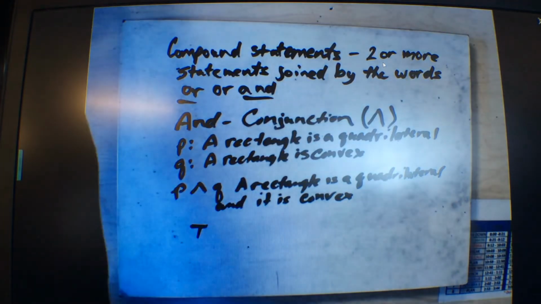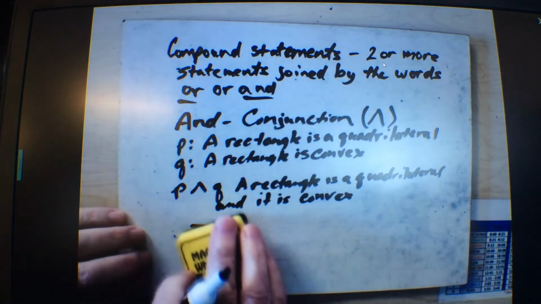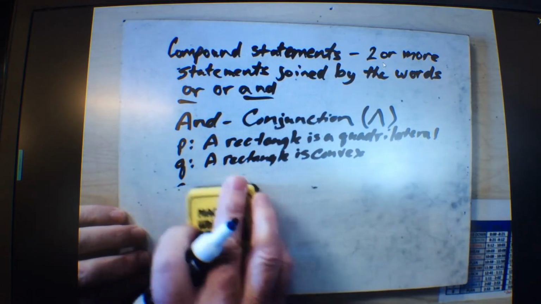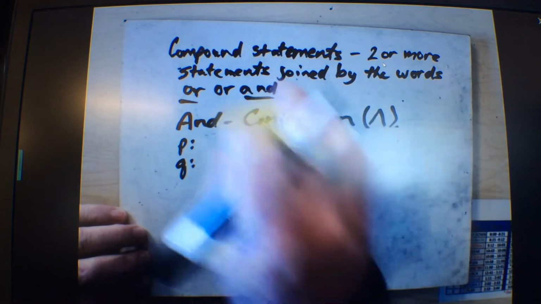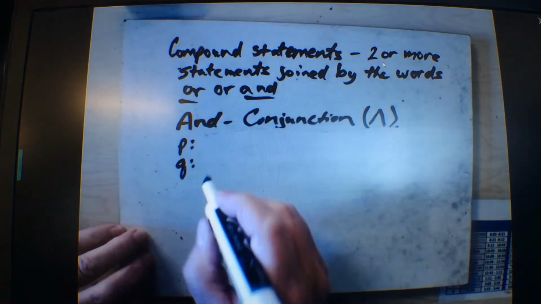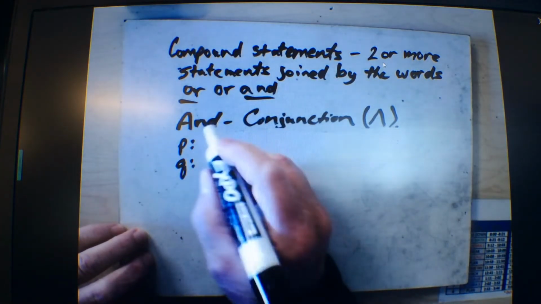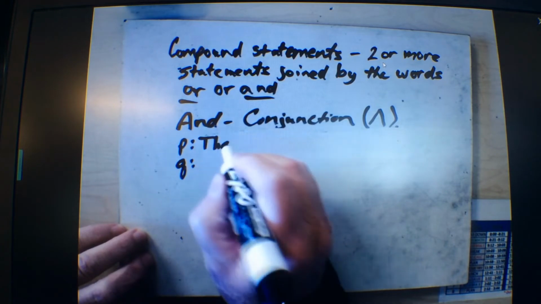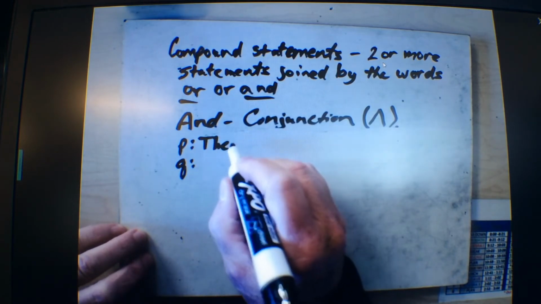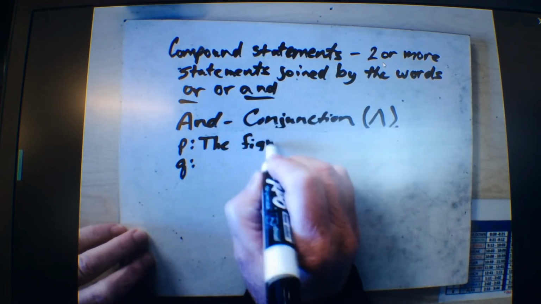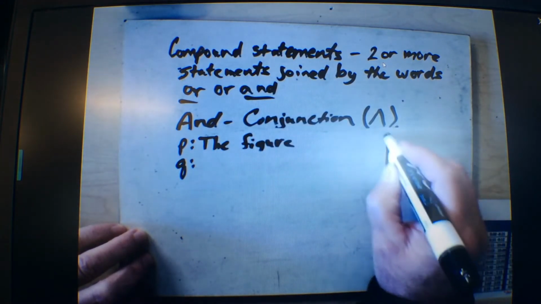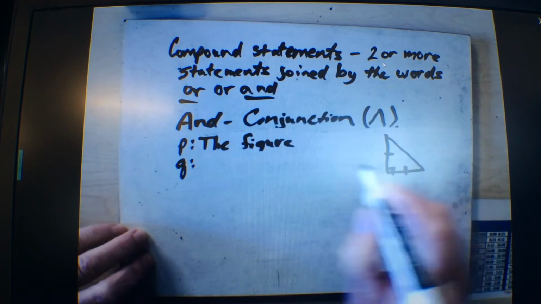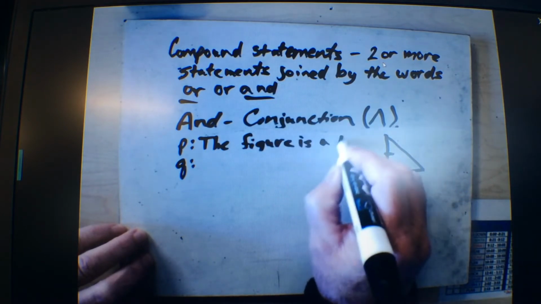Okay, let's look at another example. I'm going to erase this part of it, and you're going to have to redo it. I'm going to keep the P and the Q, and I'm going to add R. I'm just following the book here. The book actually has some great examples. P: the figure is a triangle. I'll draw it, it looks like this. This figure is a triangle.